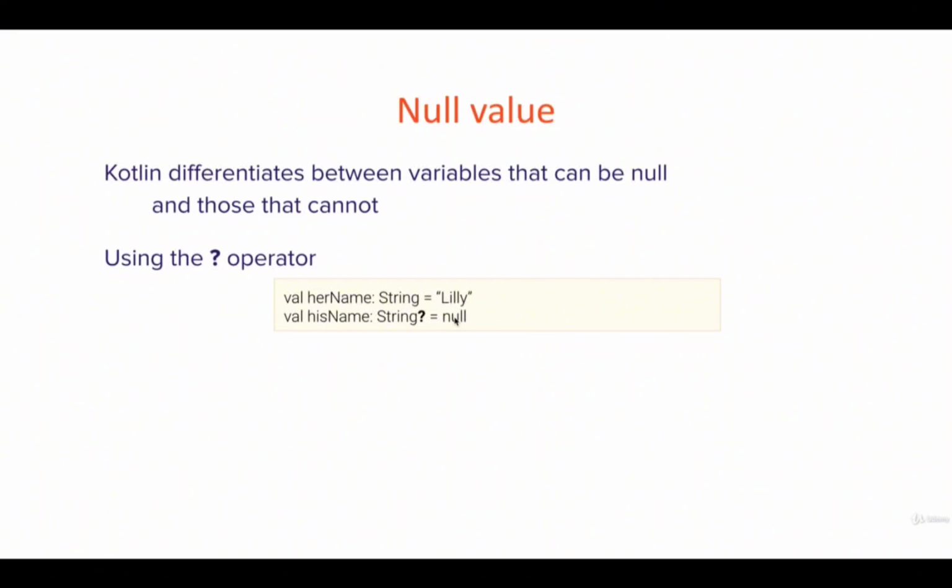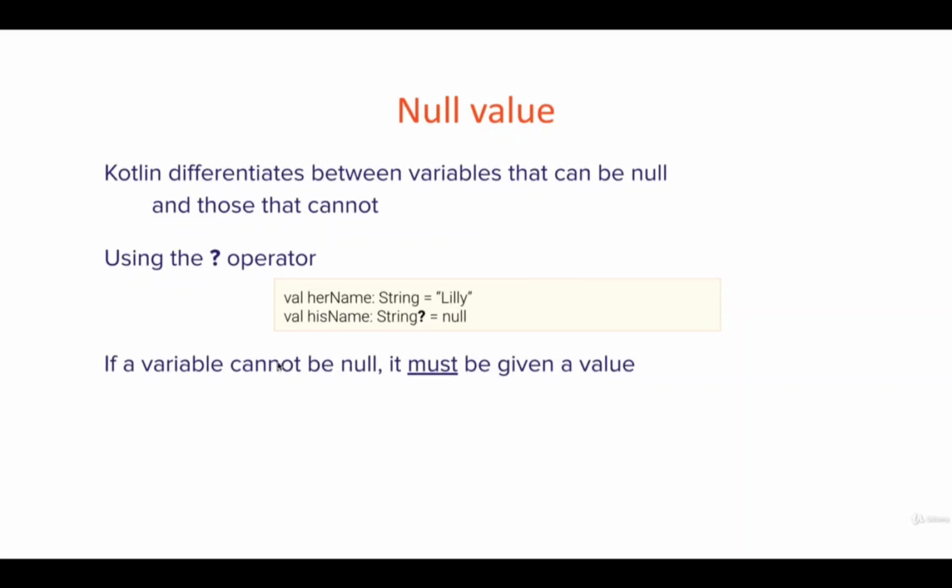Okay, so there is a strong difference between the variables that cannot be null, like this one, which cannot be null because it has a value right from the moment that it is created, and the ones that can be null. And at this point, this variable can be null because we put a question mark after the type, and is in fact null because we have provided the value null here.